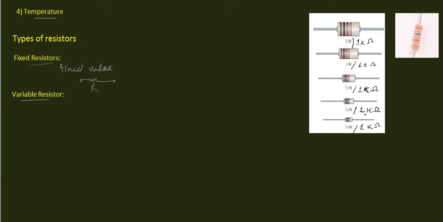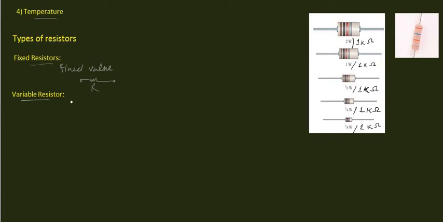So if we increase the size of a resistor, the power wattage will increase, and there is no effect of the size on the resistance value. Moving towards variable resistors, as the name suggests, it is a resistor having a variable value, or simply the type of resistor whose terminal resistance can be varied by turning a dial or a screw.